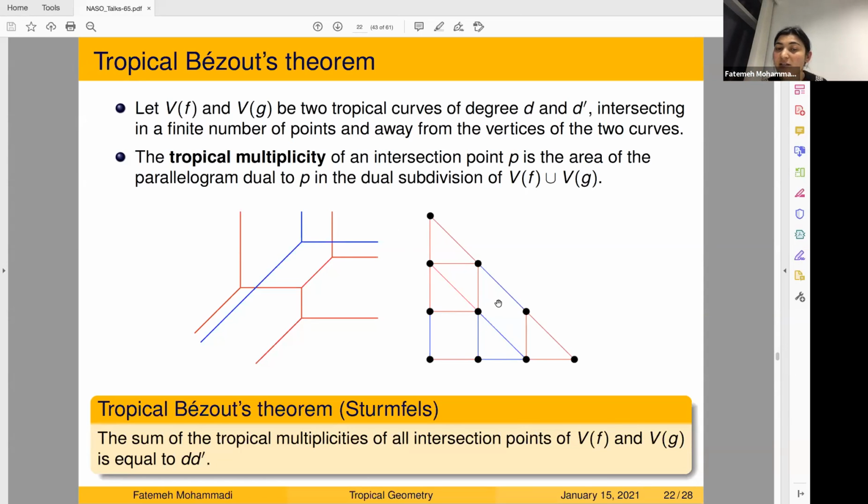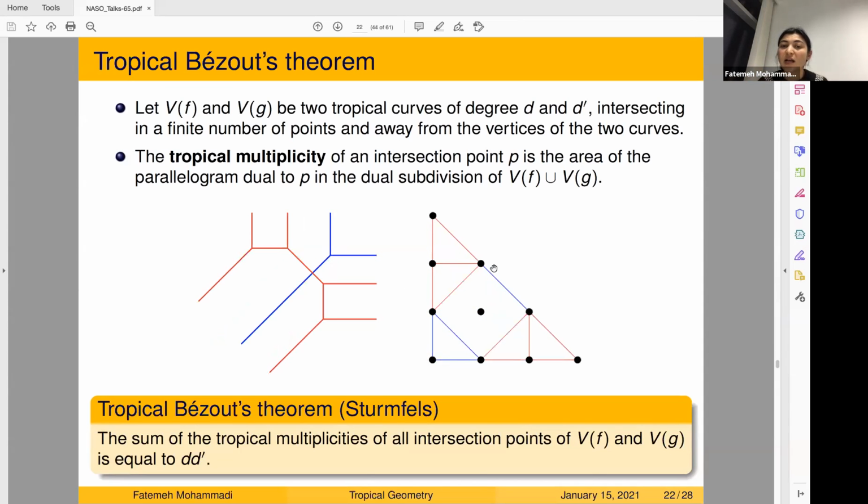Each of these has area 1. So it would sum up to 1 plus 1, which was 2. And then in the other picture, I had this 1 intersection point corresponding to the polygon whose area is 2. So that was the multiplicity of this point.